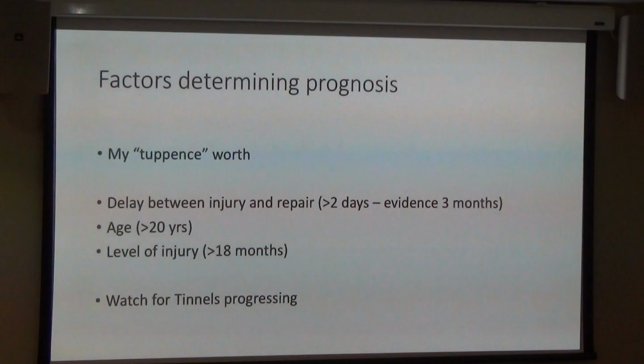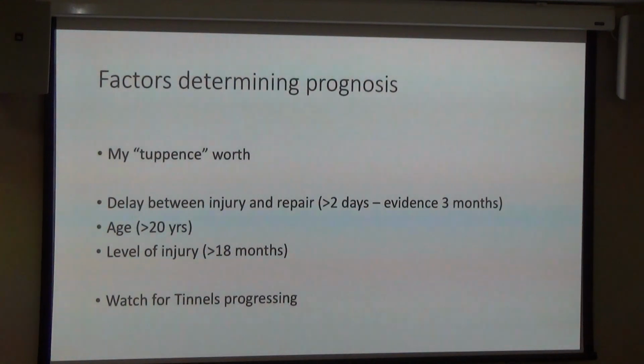The literature says 3 months; the biggest and most recent article says 3 months. I still think anything over 2 days and you're going to get a rapid deterioration, and maybe at 3 months you just get bottoming out. But the sooner you repair a nerve, the better.